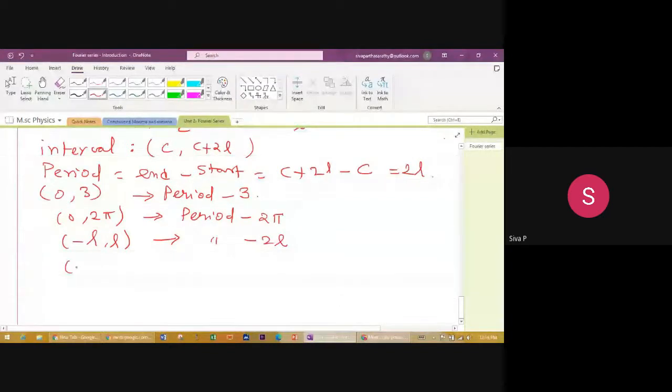In case minus pi to pi is the interval, then what is the period? 2 pi, sir. Period is 2 pi.